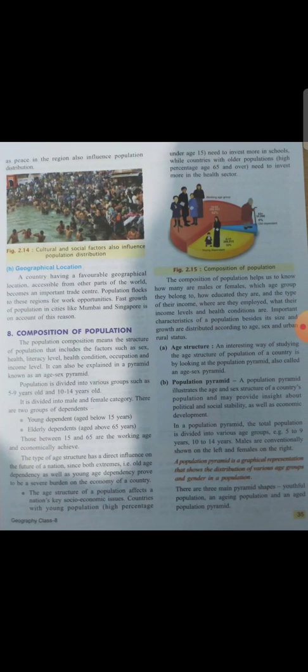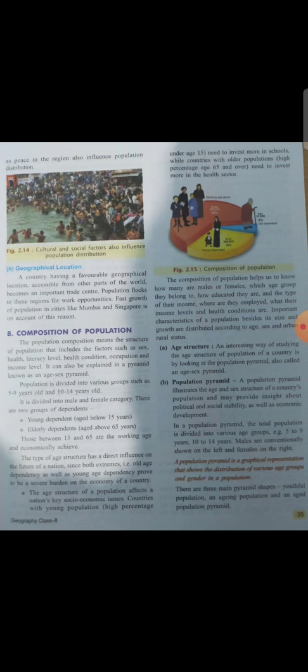Composition of population. The population composition means the structure of population that includes factors such as sex, health, literacy level, health condition, occupation, and income level. It can also be explained in a pyramid known as age sex pyramid.